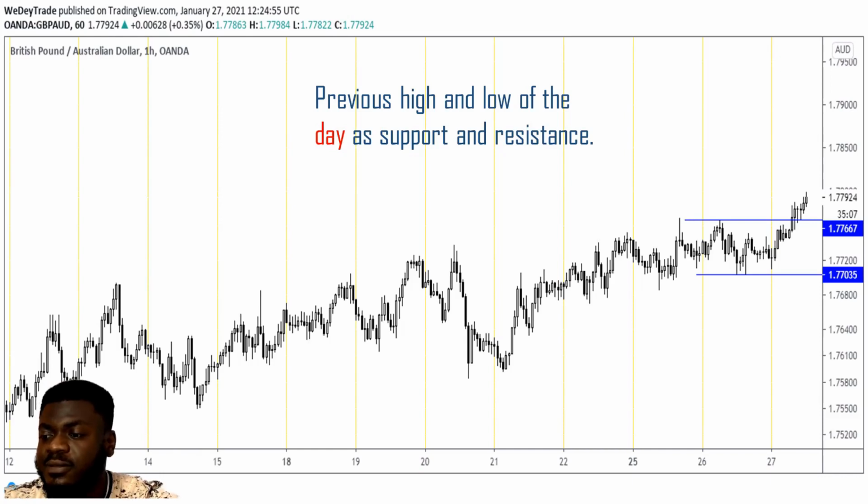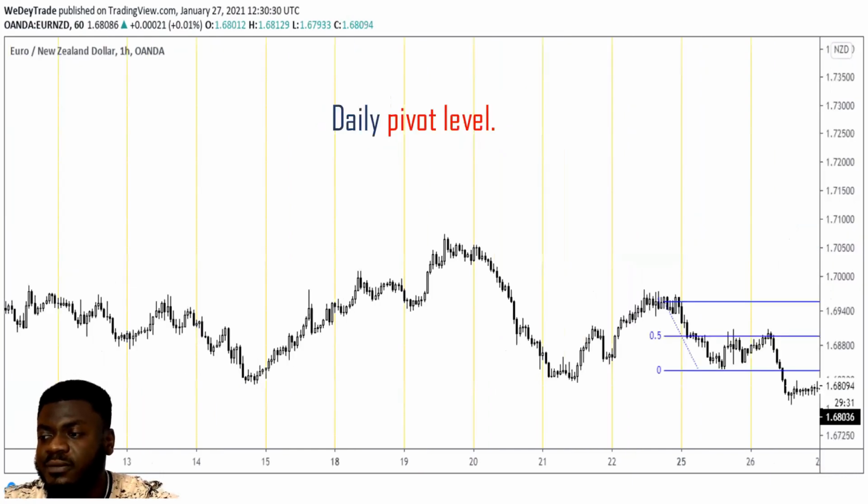Our next focus is on the pivot levels, where we focus on the midpoint of the previous period, be it the previous year, the previous month, the previous week, or the previous day. So for the example that we have on the screen right now, we have the Euro NZD daily pivot level. So we captured the high and low of the previous day and then used the Fibonacci tool to get to the midpoint, which is the 50% Fibonacci level that we already have on our screen.